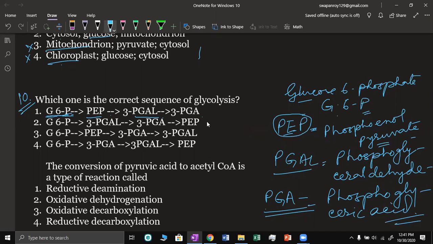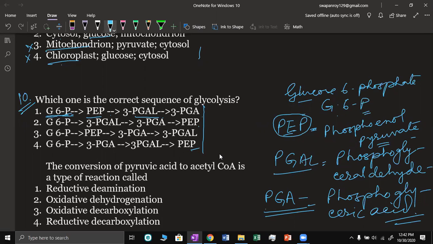Now, you have to know the abbreviated names or alternative names, because in this question they have not used the complete name of the compound. If you don't know these abbreviated terms, then you cannot solve this question.